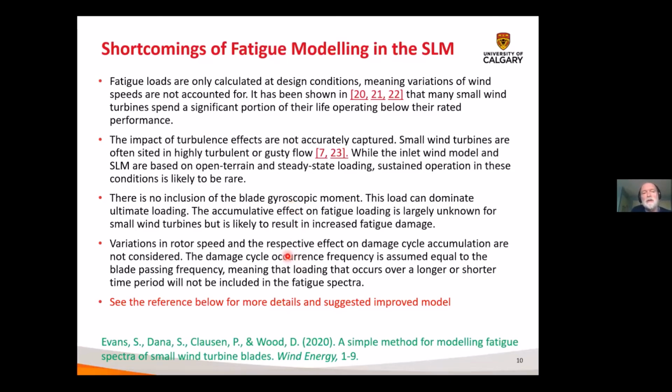There are issues with variation in the rotor speed as well. And again, if you're interested in following up, this is taken from the reference that I've given at the bottom here. That reference gives more details on what I've said here, as well as the details for our suggested improved model for small wind turbine blade fatigue.